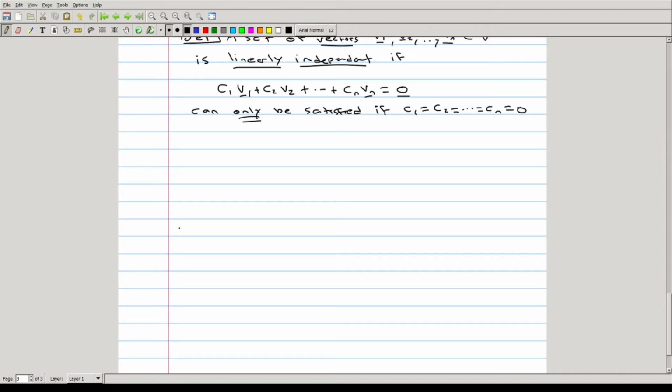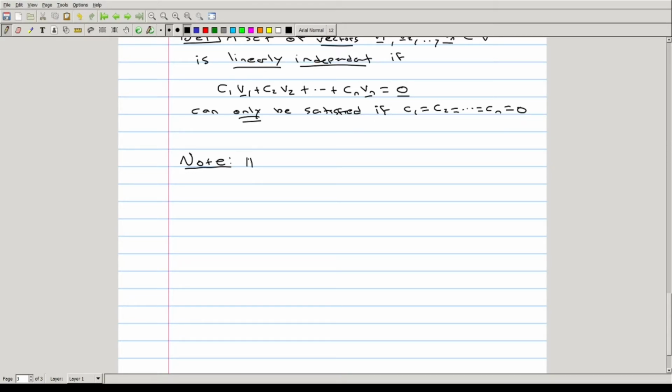And I want to note that we have now a significant difference between an infinite dimensional vector space and a finite dimensional vector space, which is actually in some sense a characteristic of the fact that these two types of vector spaces are different from one another.